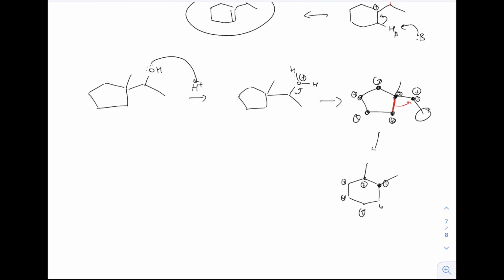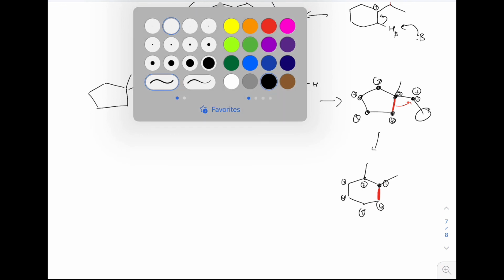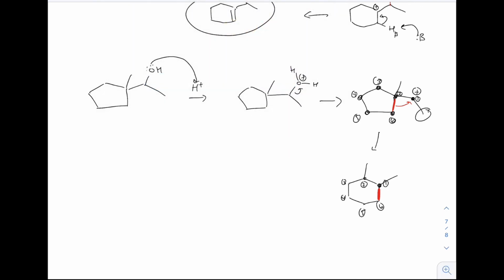Remember that the sixth carbon moved from the 2 position to the 1 position, so that's our red bond there. Since it moved from the 2, that means the 2 position has the carbocation, and as you can see, it is a tertiary carbocation, so it is more stable.